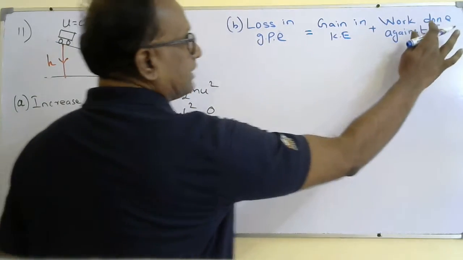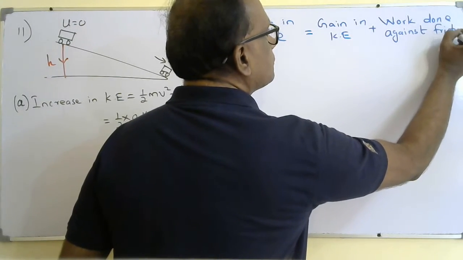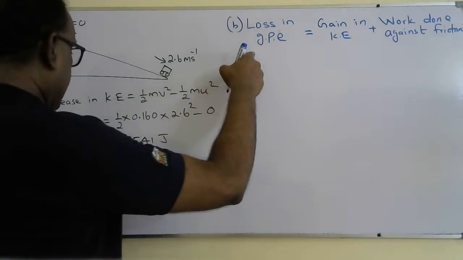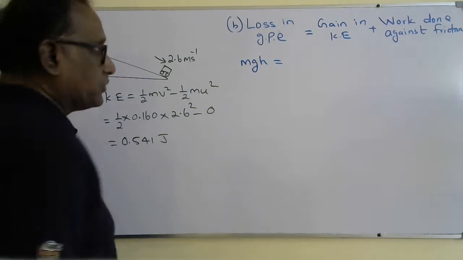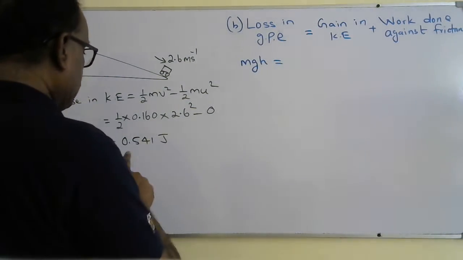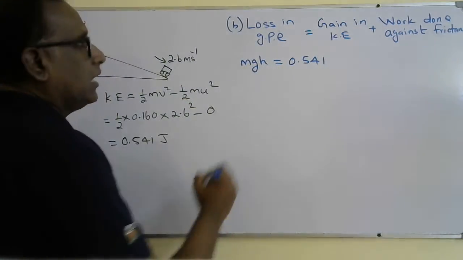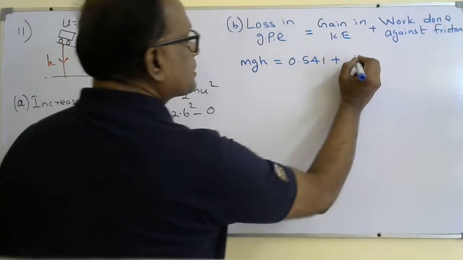I write full working, work done against friction. So loss in GPE, we need to find it, that is mgh, we'll substitute it. Gain in kinetic energy, we know, 0.541. Work done against friction is given in the question, which is 0.26.